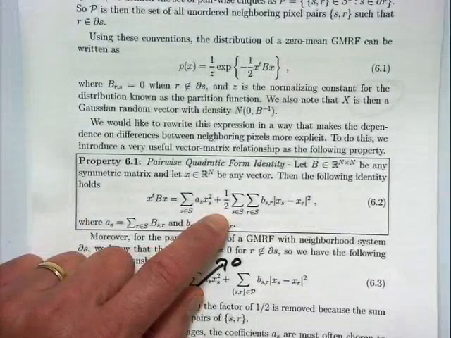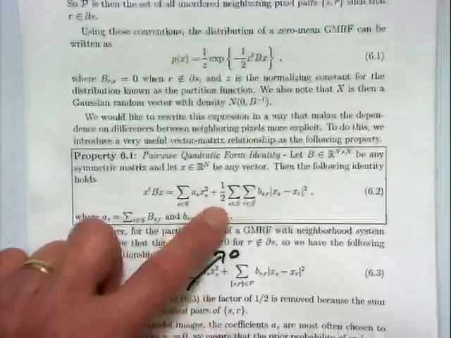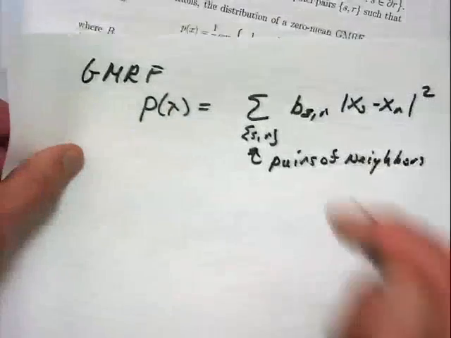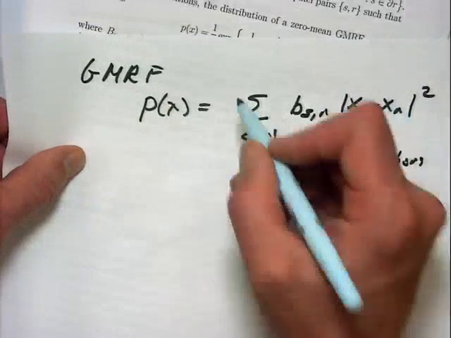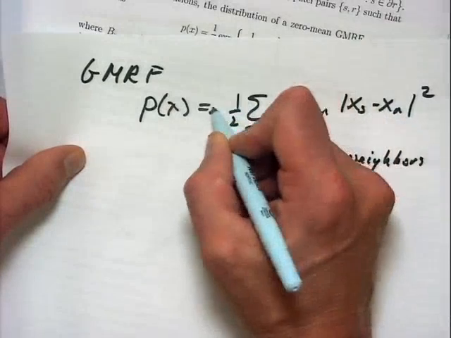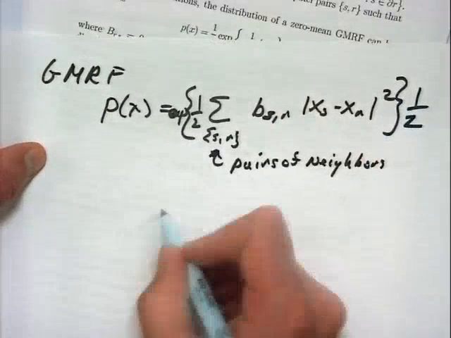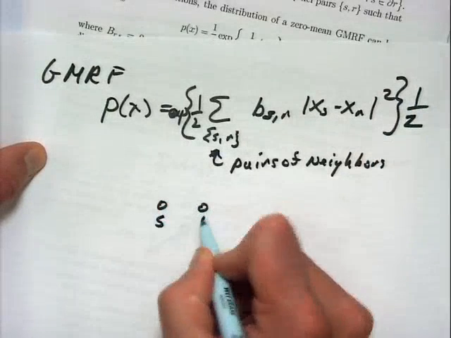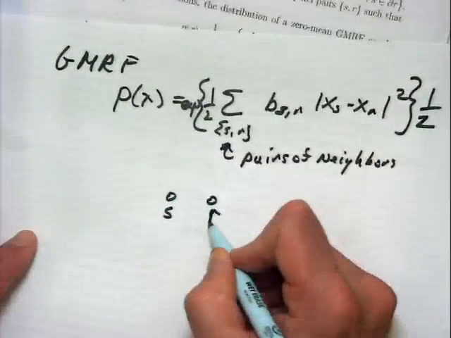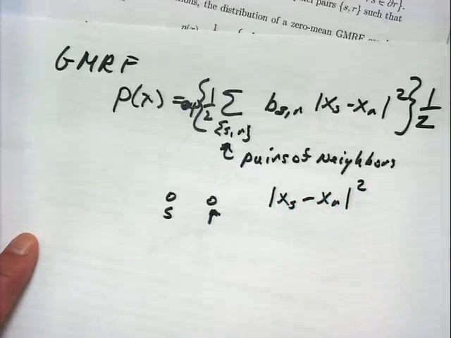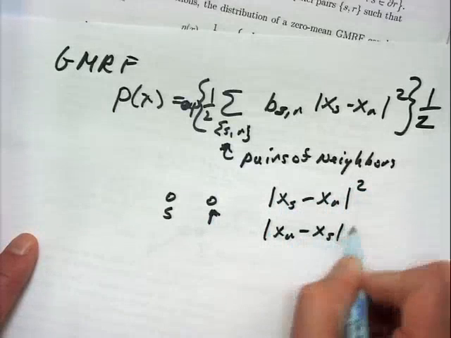The reason I'm confused about this issue of 1/2 is because it's a little tricky. Over here there's a 1/2 because I'm summing over all pixels S and all pixels R. So if I have a pair of pixels, S and R, I can sum over that two ways: I can take X S minus X R squared, and I can take X R minus X S squared.